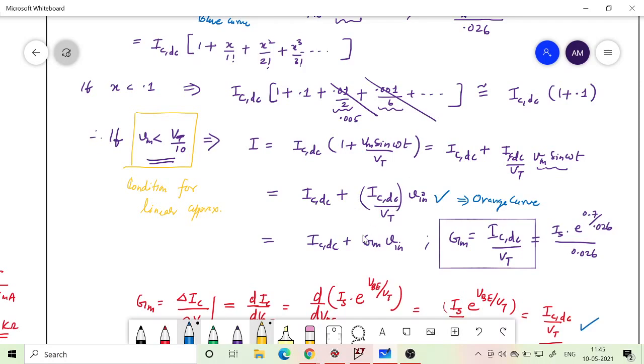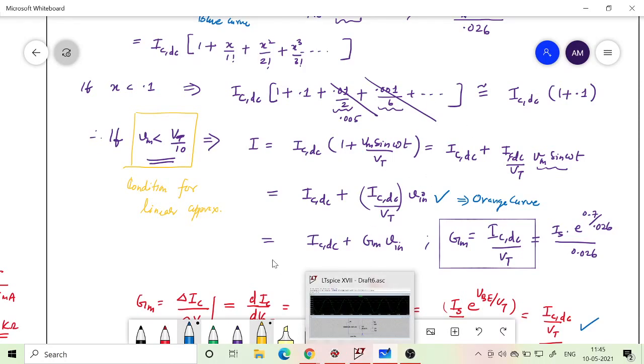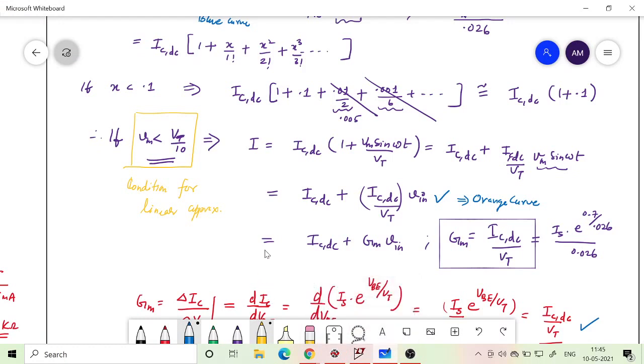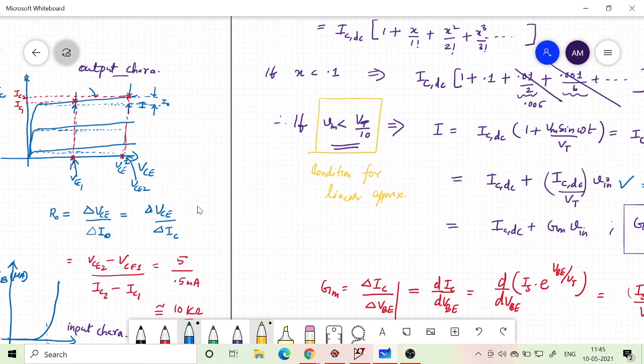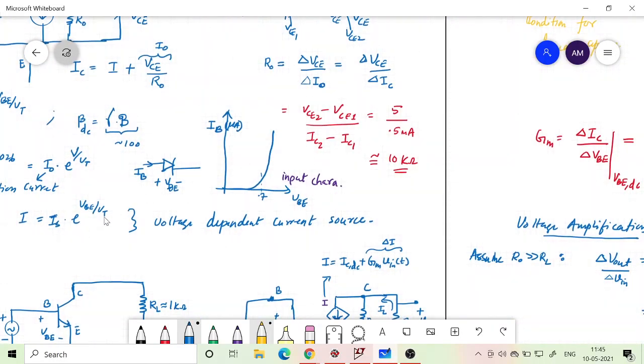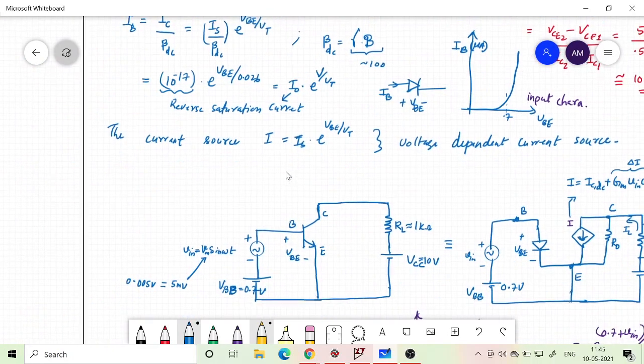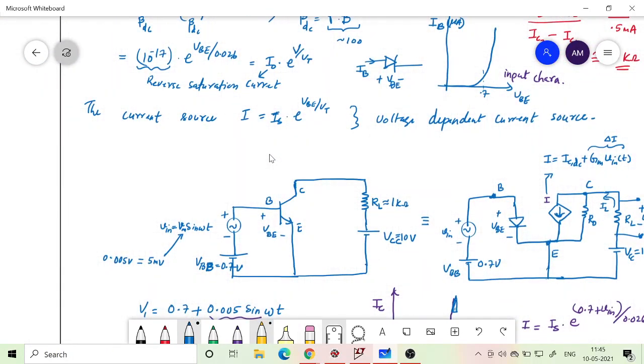It has to have all the terms present, and in that case we call it large signal. So, small signal and large signal. Depending upon how big your V in is, we have to say whether it is a small signal amplifier or a large signal amplifier. Let me write it explicitly here.